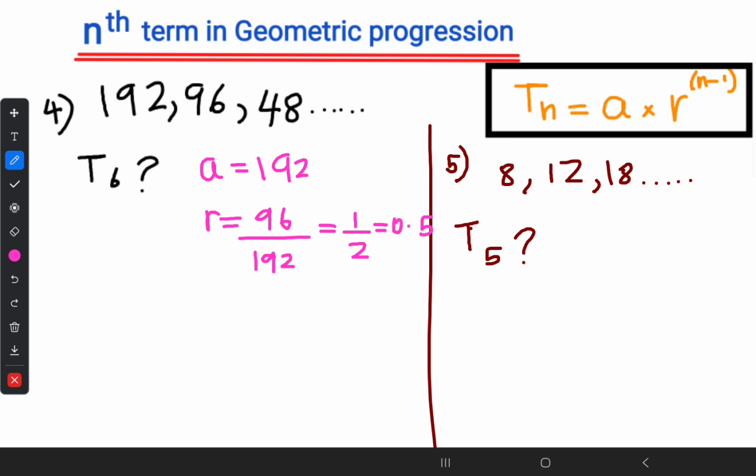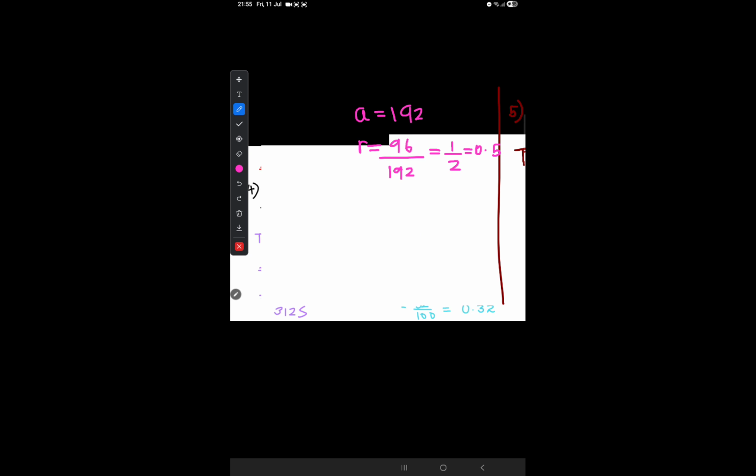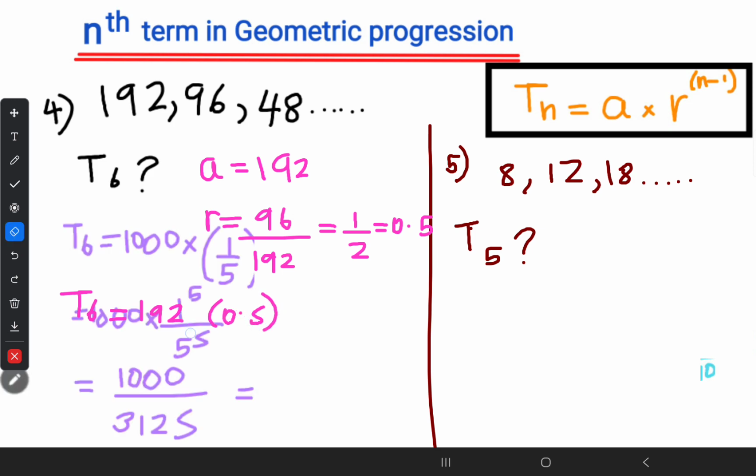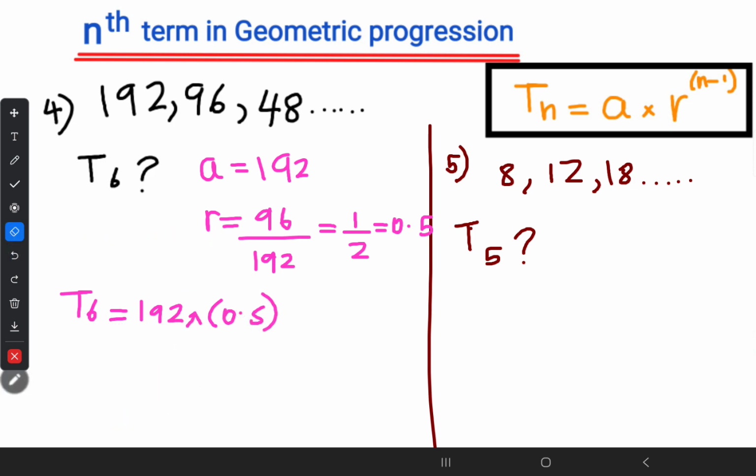Then just substitute it in the Tn formula. T6 equals to A is 192 into R is 0.5 with the power of n minus 1. N is 6. So 6 minus 1, it would be 5.